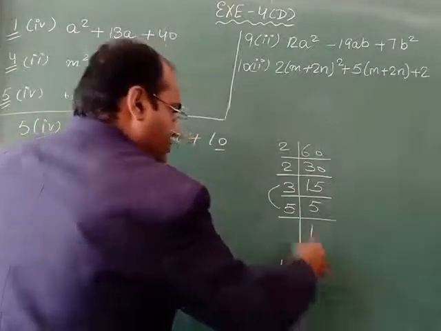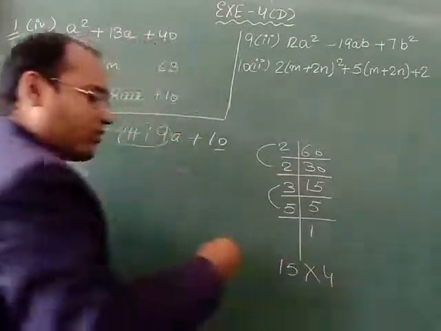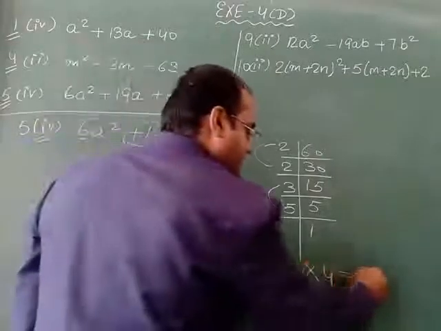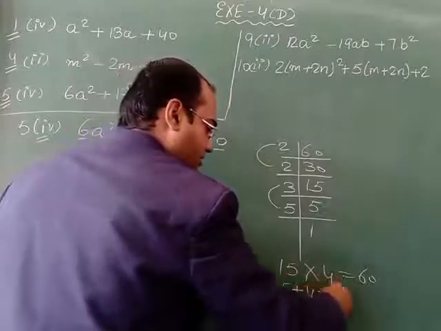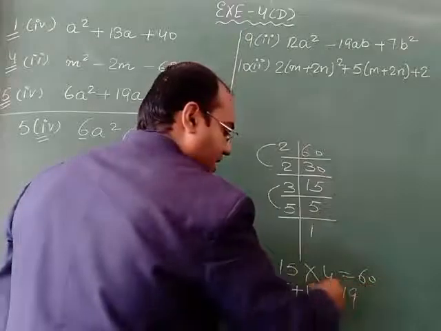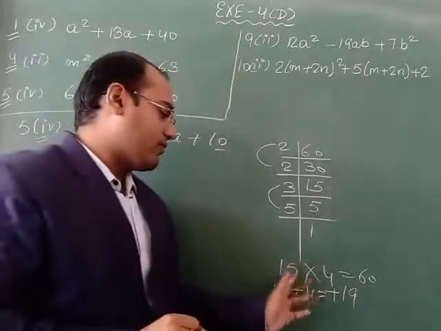Multiply 2 by 2, that will be 4. If we find the product of 15 and 4, we get 60. And if we add them, 15 plus 4, the sum of these two is plus 19. So we are getting plus 19 with the help of these two factors, 15 and 4.